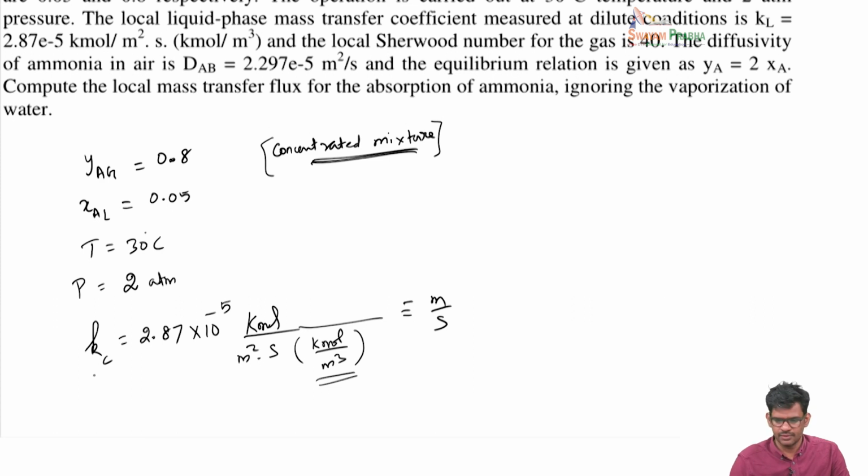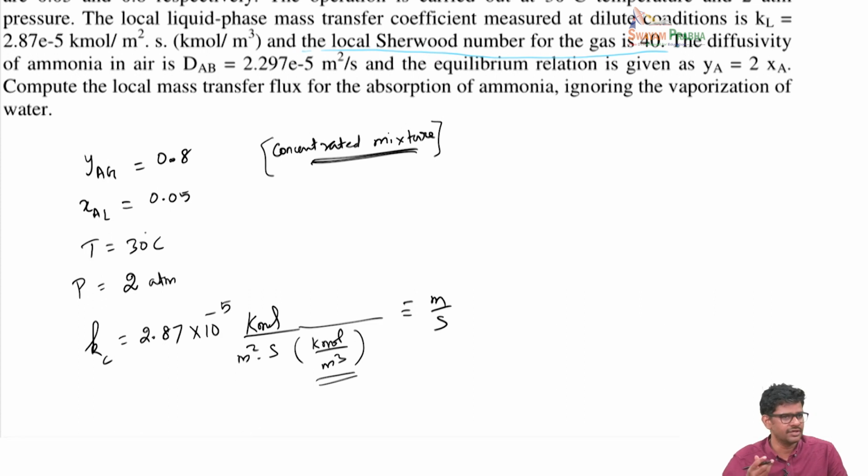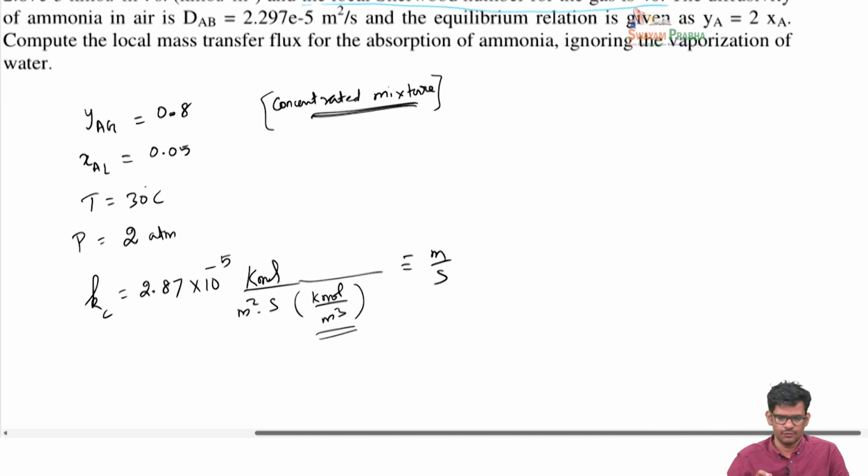So in our terminology, we have Kc as a liquid phase mass transfer coefficient. So that is given, and then for the gas phase, the local Sherwood number for the gas is given. So Kg or Ky or Fg we don't know, but it is given in terms of Sherwood number, which is a non-dimensional number involving mass transfer coefficient. So Sherwood number is equal to 40.